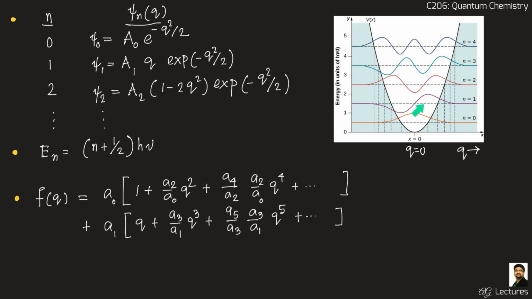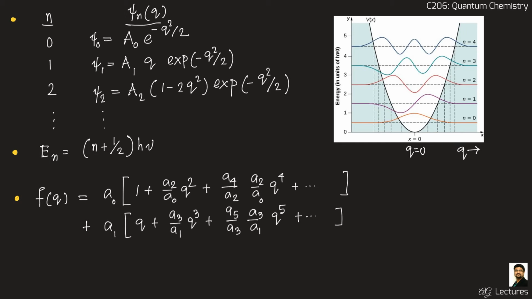So a classical oscillator will be bound between this region, right? These dotted vertical lines are basically showing the classical limit of the oscillator.